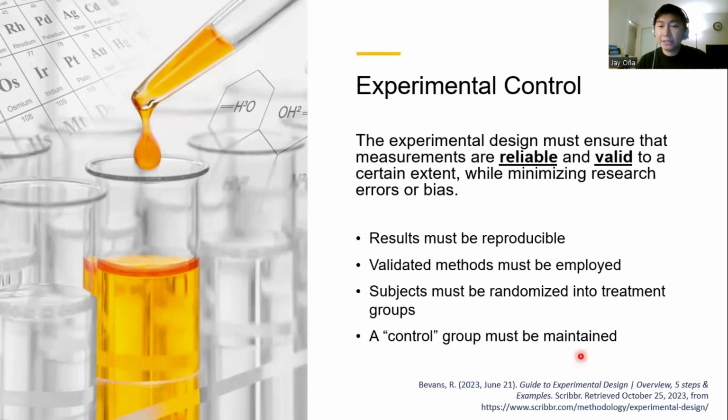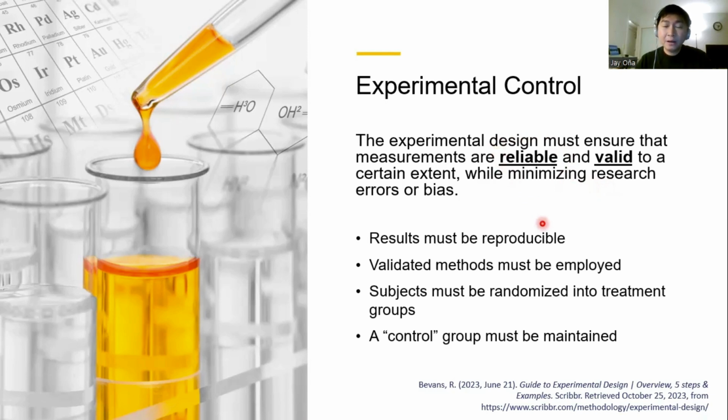So there are two metrics here, reliability and validity of the analytical measurements or the methodology that we used. And the measure of reliability is found on how reproducible our method is.